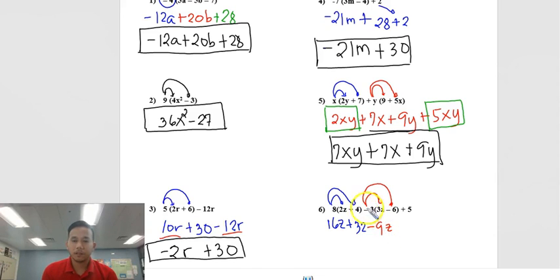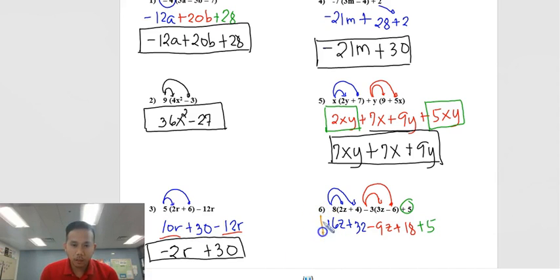And then negative 3 times negative 6, both negative, so it will become positive 18. And then I want you to copy 5 here. So plus 5.